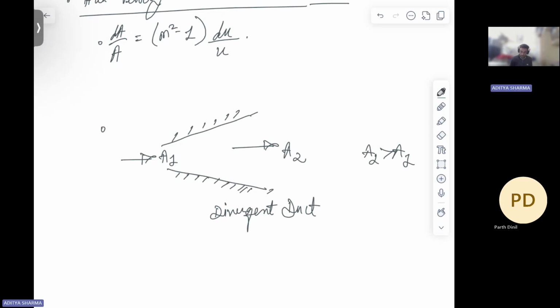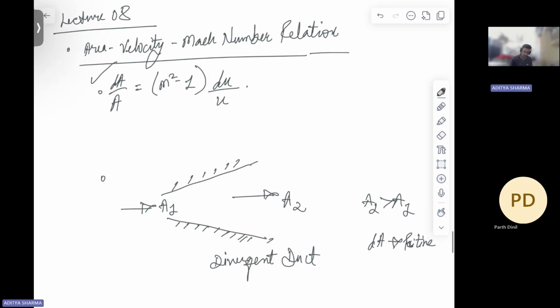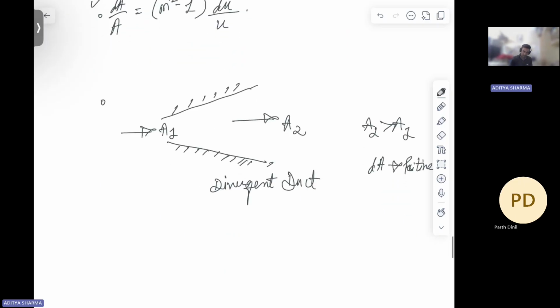So what is dA in this case? The change in area, final minus initial, is positive because area is increasing. Now in this relation, dA is positive, so the left hand side will be positive.